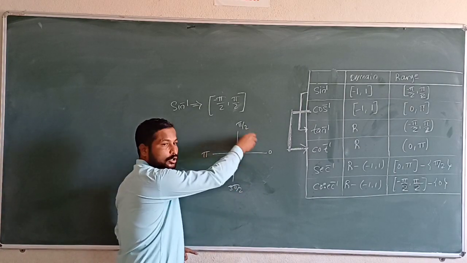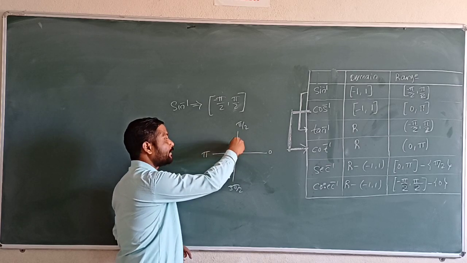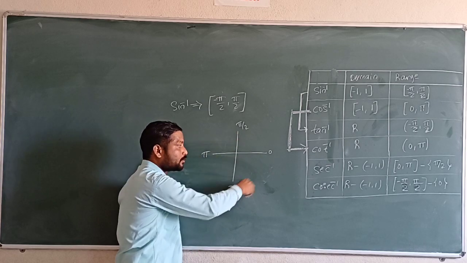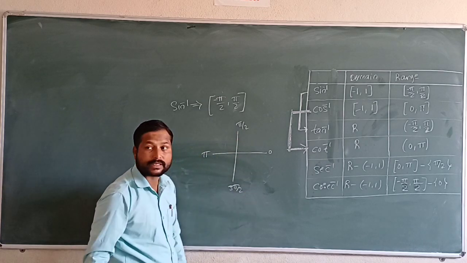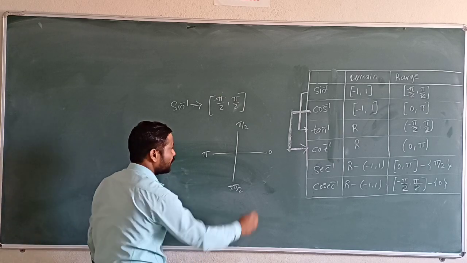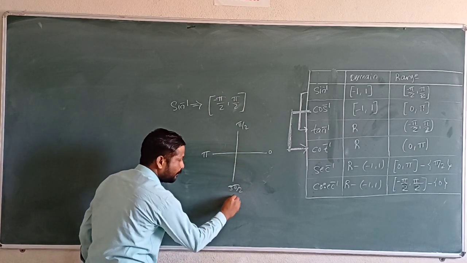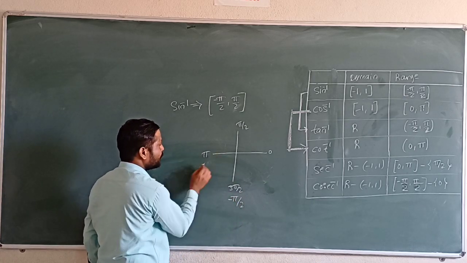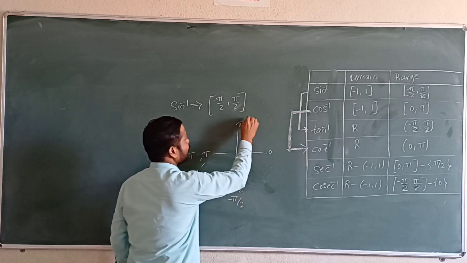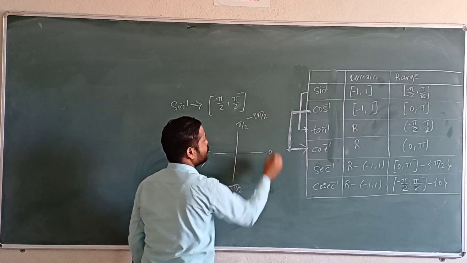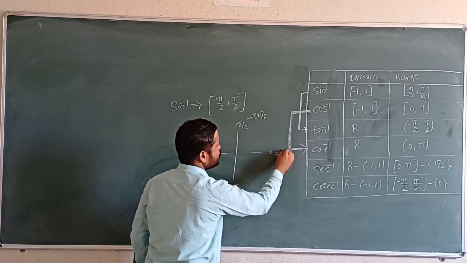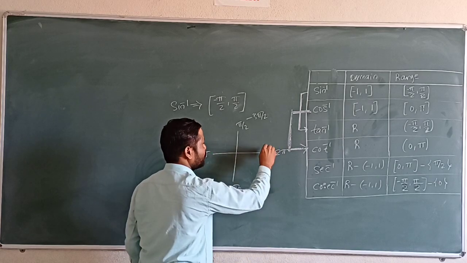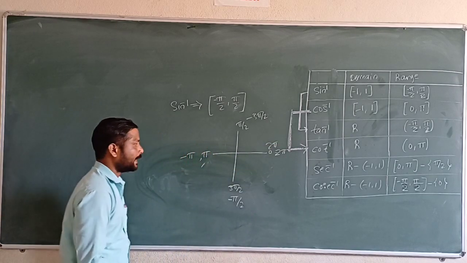Now if the revolving line is moved towards the clockwise direction, then it forms which angles? Negative angles. This is minus 90 degree, then minus 180 degree to minus 270 degree, that is minus 2 pi. Going one way is minus 2 pi, coming the other way is plus 2 pi, right?